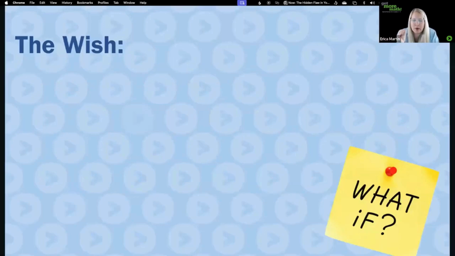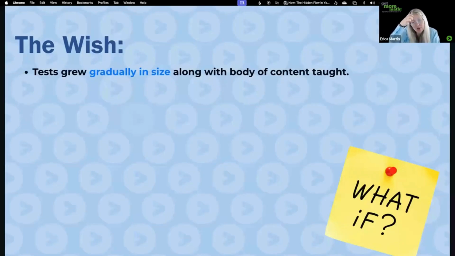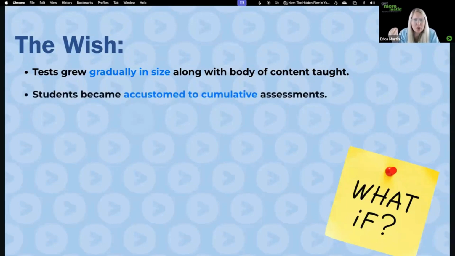So what if, right? What if we could just cross our fingers, cross our toes, and say, what if our tests could grow gradually in size as the body of content that we teach also grows in size? What if our students were completely accustomed to the idea of a cumulative assessment?